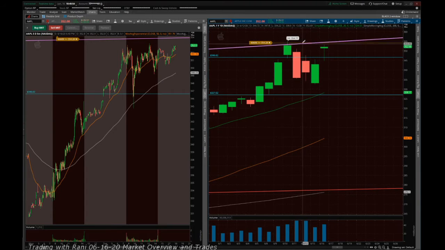But we're still watching this all-time high as well as this trend line for an area of resistance. If it makes it above that trend line and above the all-time high, that's a really bullish move. So we're not going to look at any kind of shorts in Apple, but I am going to keep an eye on it for tomorrow, Thursday, and Friday to see what it does around this trend line.